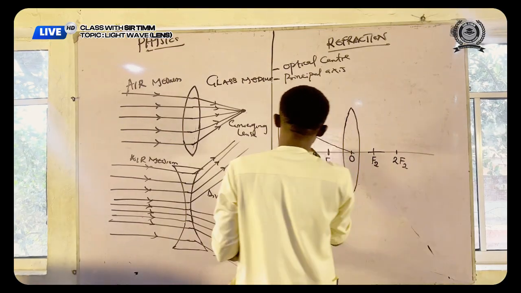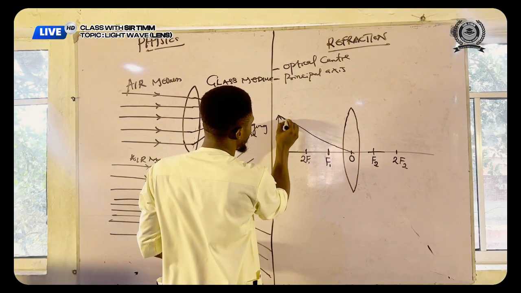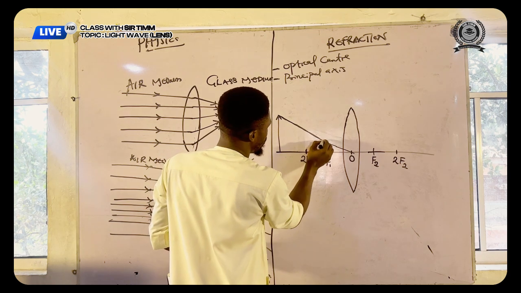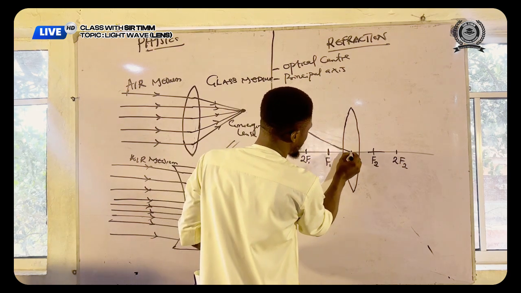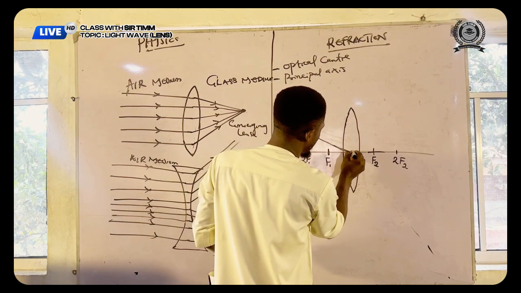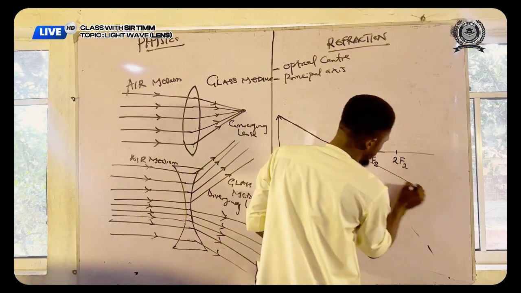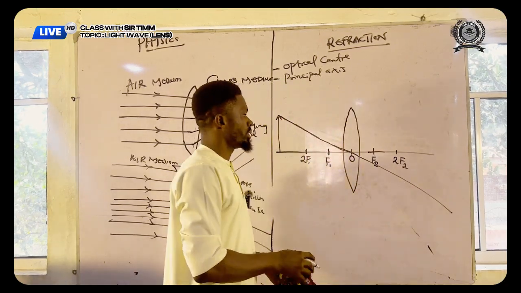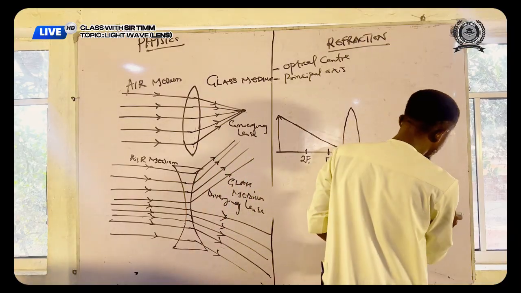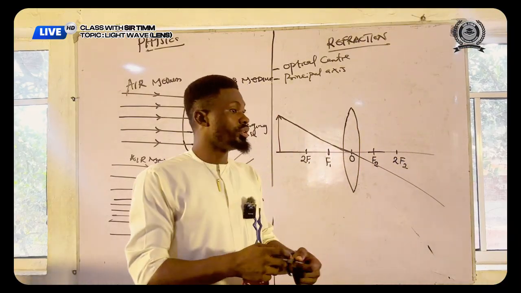A ray of light passing through the optical center moves straight without deviation.